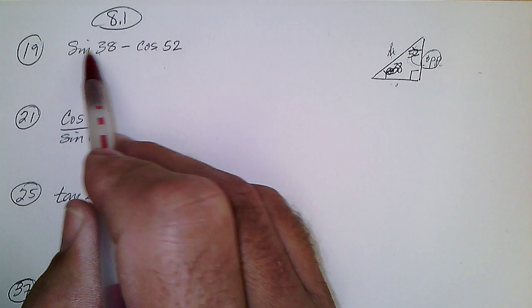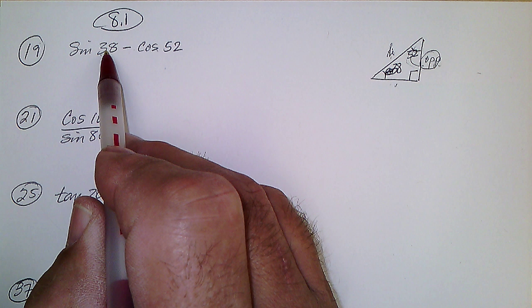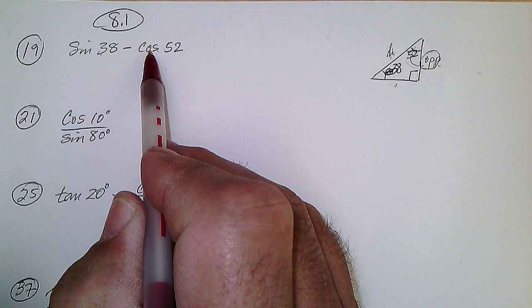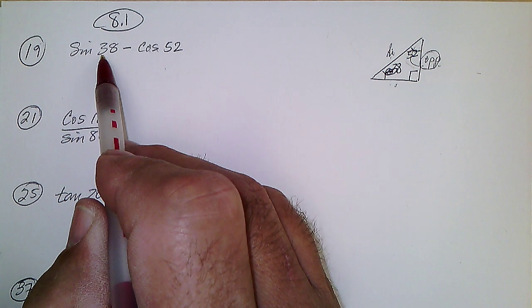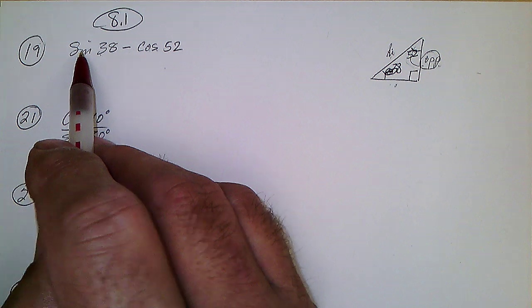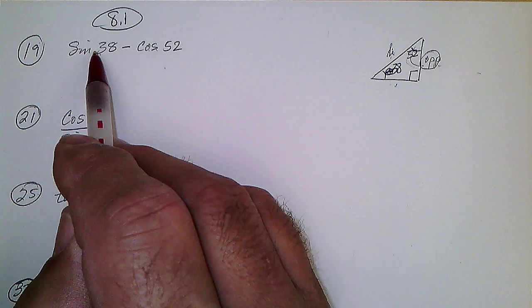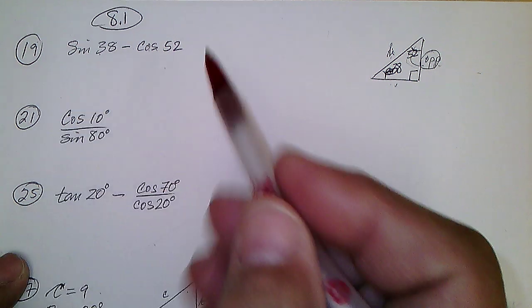And so the idea here is the sine of 38 is the same as the cosine of 52, or the cosine of 52 is the same as the sine of 38. So the sine of an angle is equal to the cosine of its complement.